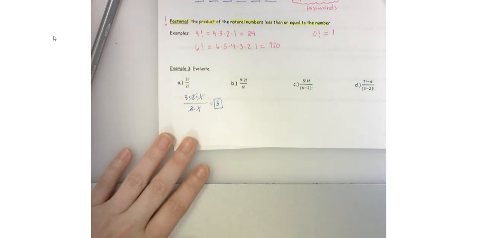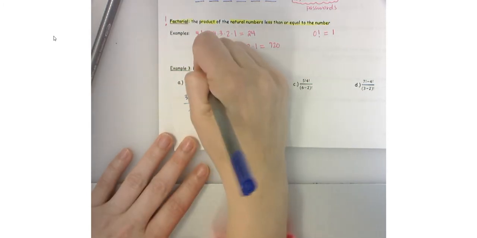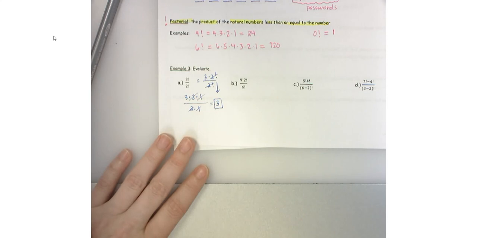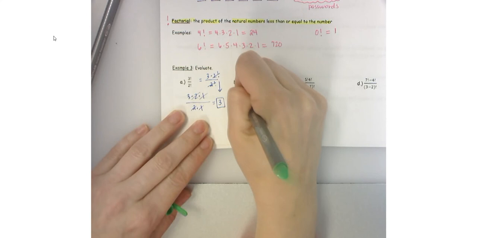So when we're thinking about part B, if we write out 9 times 8 times 7, and then 6 factorial for 9 factorial, 9 factorial is 9 times 8 times 7 times 6 factorial, over 6 factorial times 2 factorial.